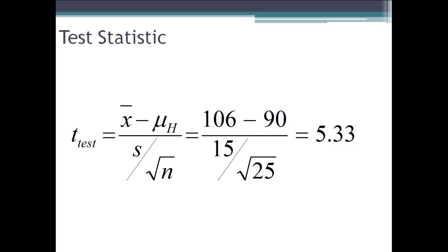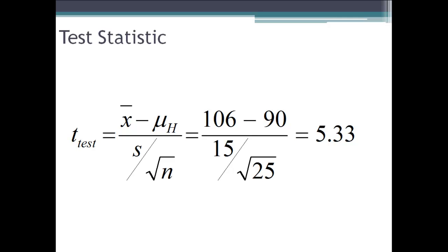That means this has the same interpretation as a z-value, that our sample mean is 5.33 standard errors above the hypothesized population mean. If you remember all the way back to the empirical rule, when you've encompassed about 3 standard errors or 3 standard deviations, you have close to all of the data.